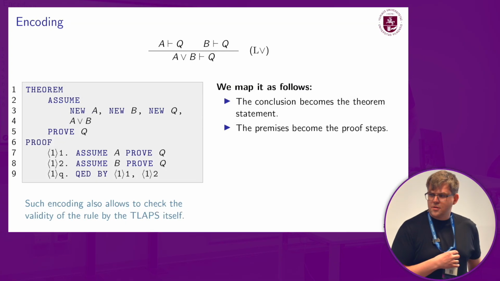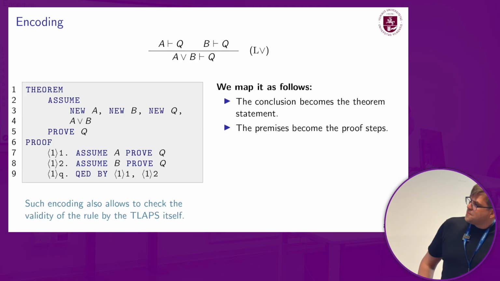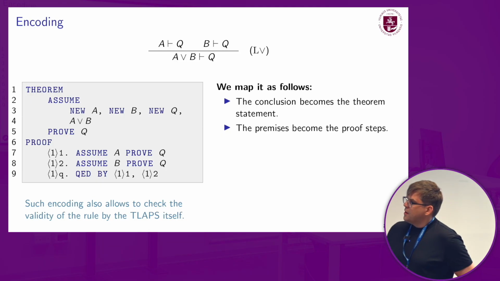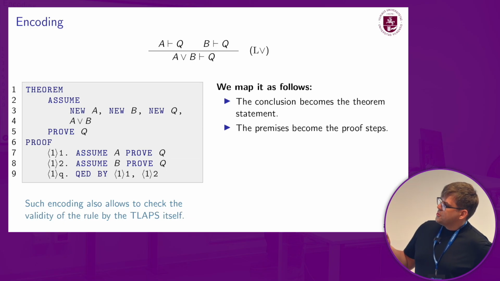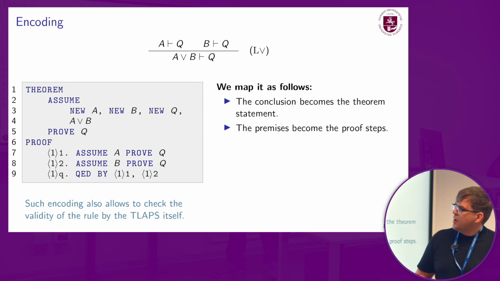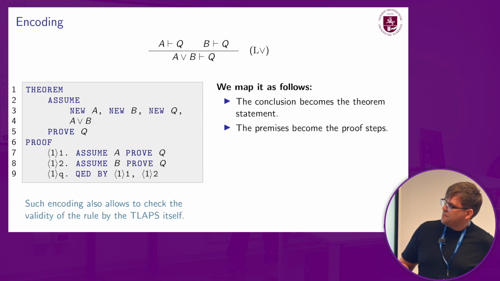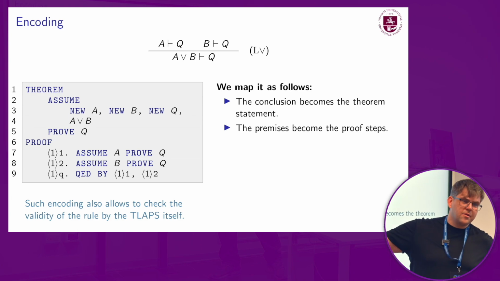Of course, natural is to encode it in TLA. Here, the main approach is to take the lower part of this rule and translate it to the statement of the theorem.